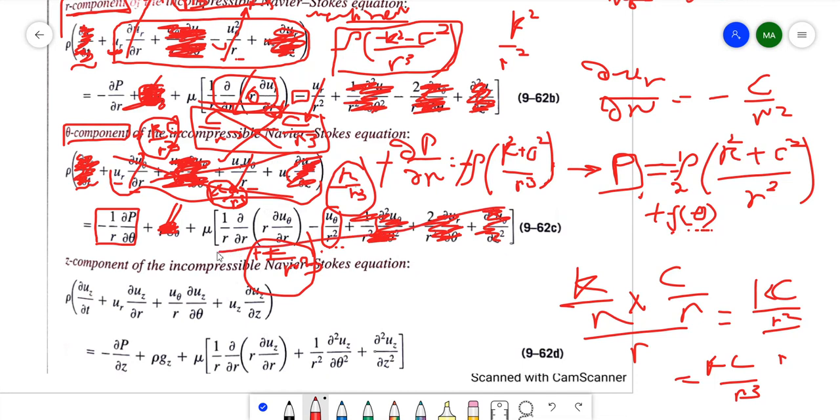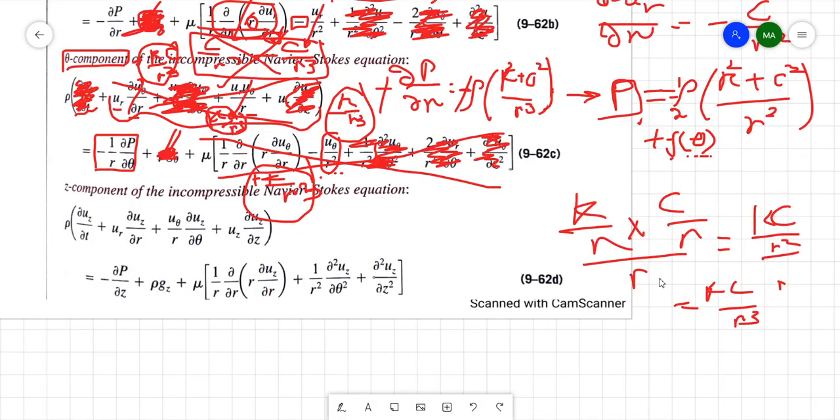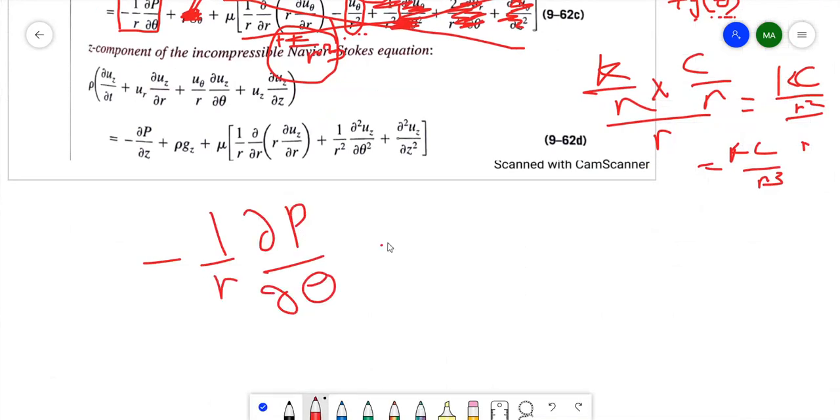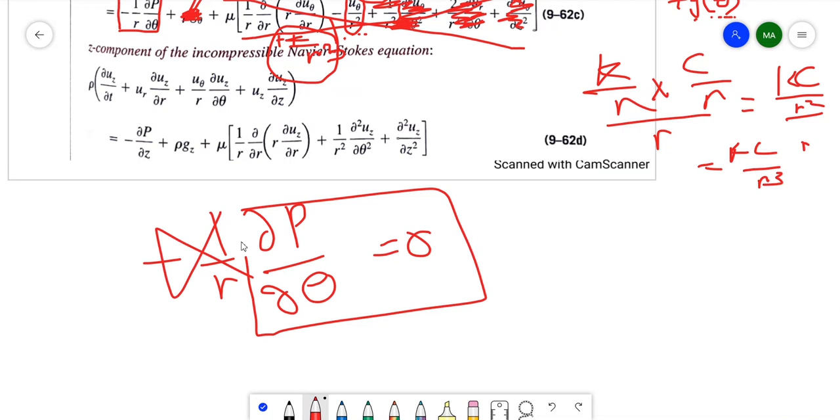So the viscous forces are also 0 in the theta component. Okay, so now we can say that the variation of pressure with respect to theta is equal to 0. Of course, I can omit this one because I can multiply both sides by R. So I'll end up with the variation of the pressure with respect to theta equal to 0.